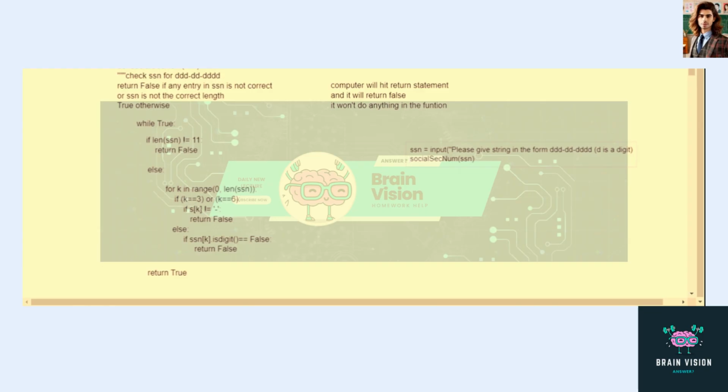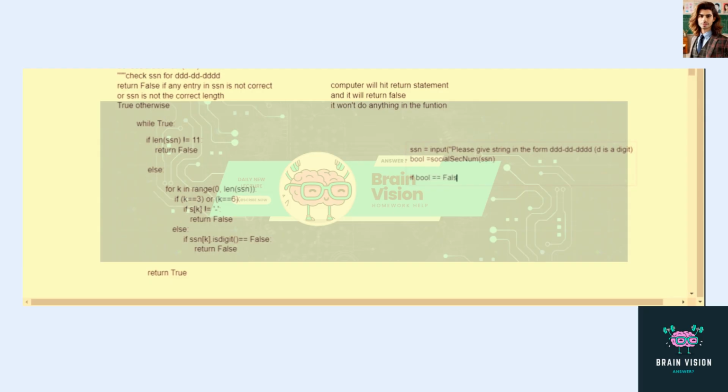So I'm going to say bool equals this, which calls the social security number function. It returns the value true or false, which will be stored into bool.